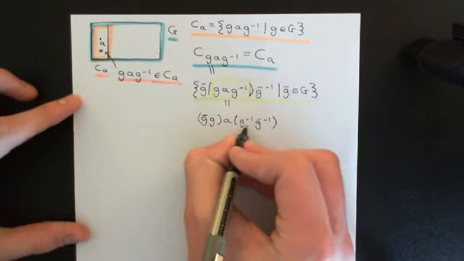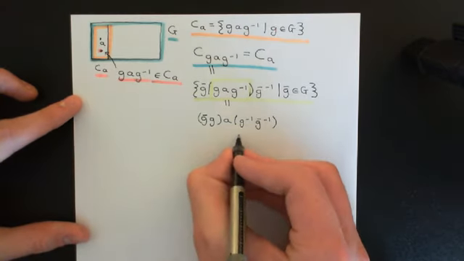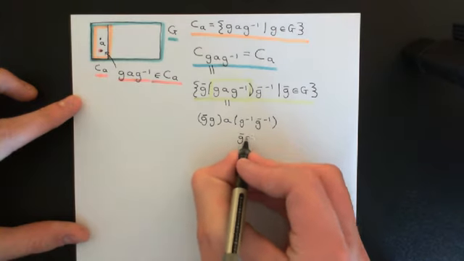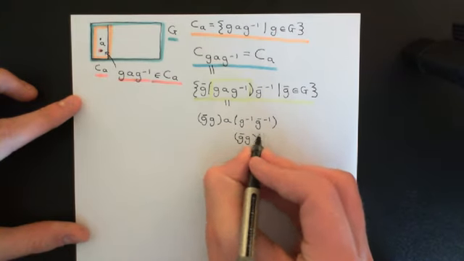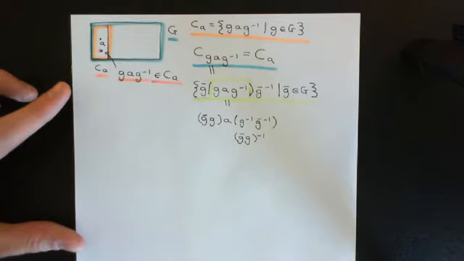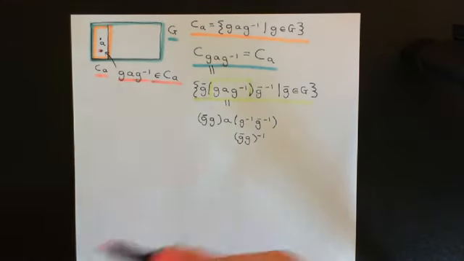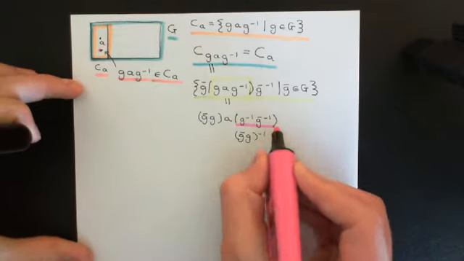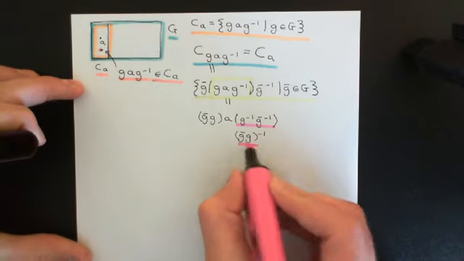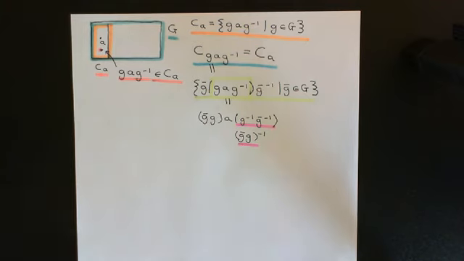I'm going to rewrite g inverse g bar inverse as g bar g inverse, because this is equal to g bar g inverse. These two elements composed together are inverses. So I've taken g inverse g bar inverse and rewritten it as the inverse of g bar composed with g.